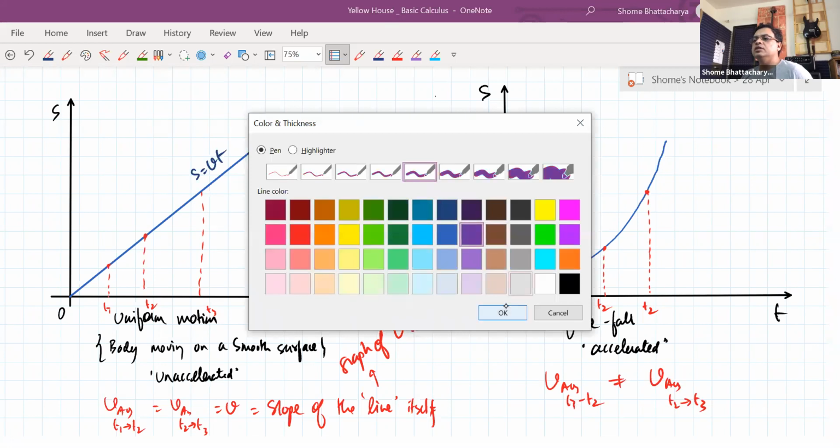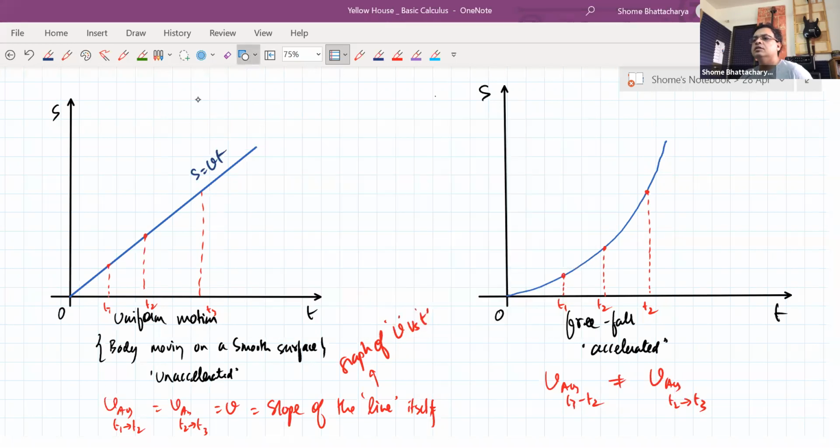Now if we draw these different secant lines, for this one, it is this kind of line.